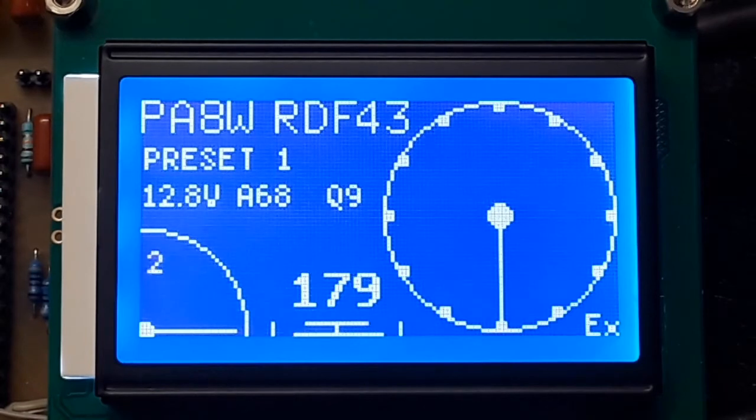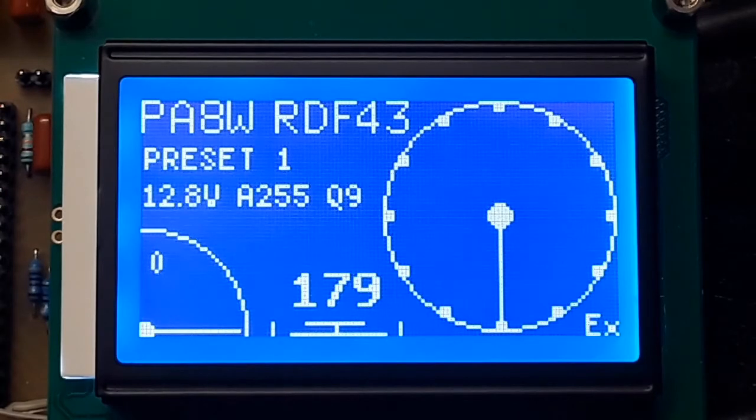So right now we got full input, we got elevation at about 0, nice horizontal lines on the symmetry indicator indicating perfectly good level of audio.